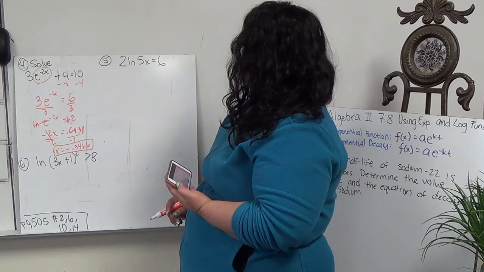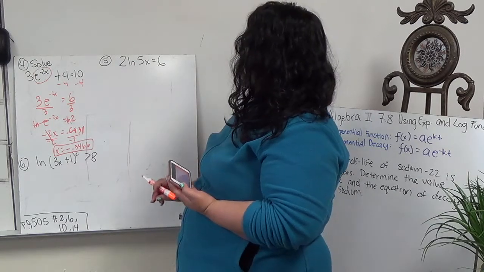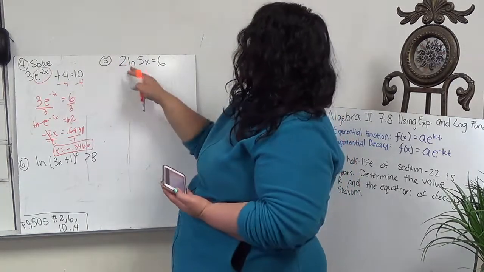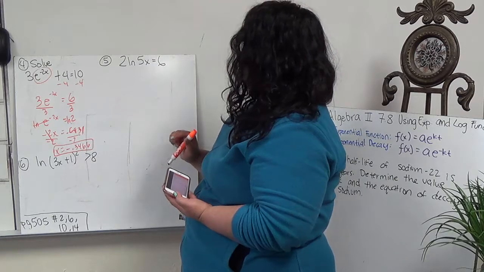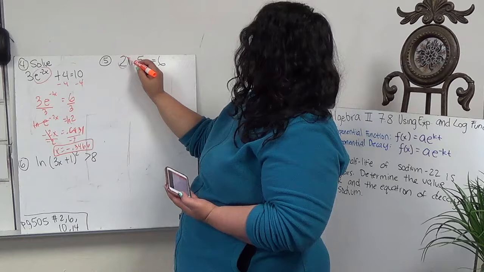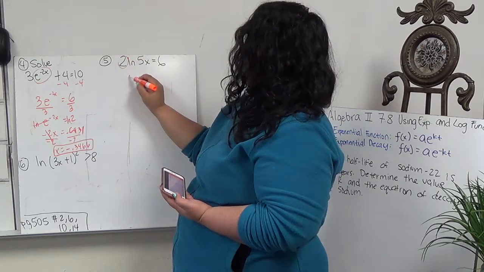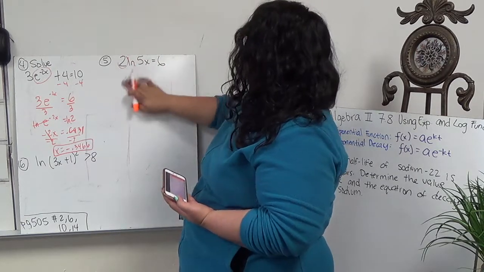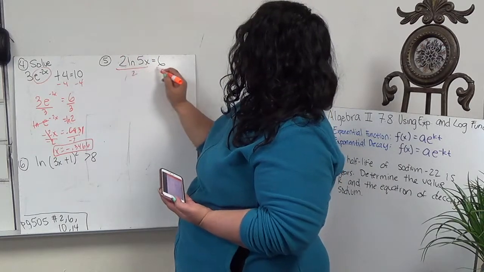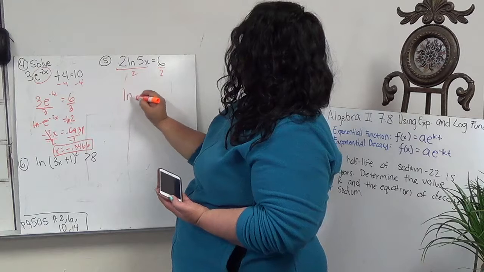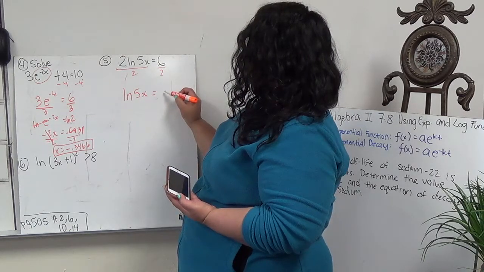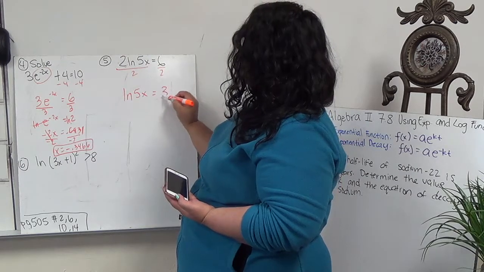So, from here, I'm going to apply the same thing. Remember, if ln is the opposite of e, then e would be the opposite of ln. So I'm going to take this 2, just like log, and put it in front. So I have ln, oh no, instead of doing that and making it more complicated, I'm just going to divide both sides by 2. So it gives me ln of 5x equals 6 divided by 2, which is 3.